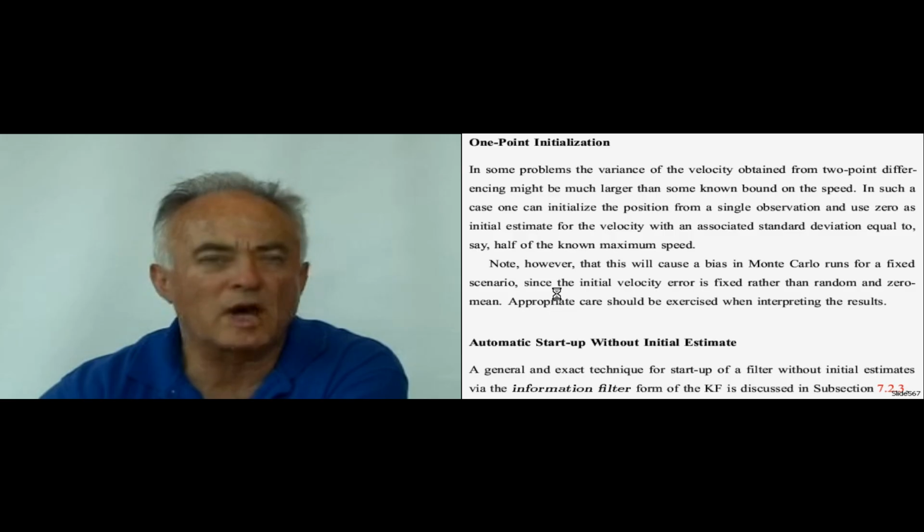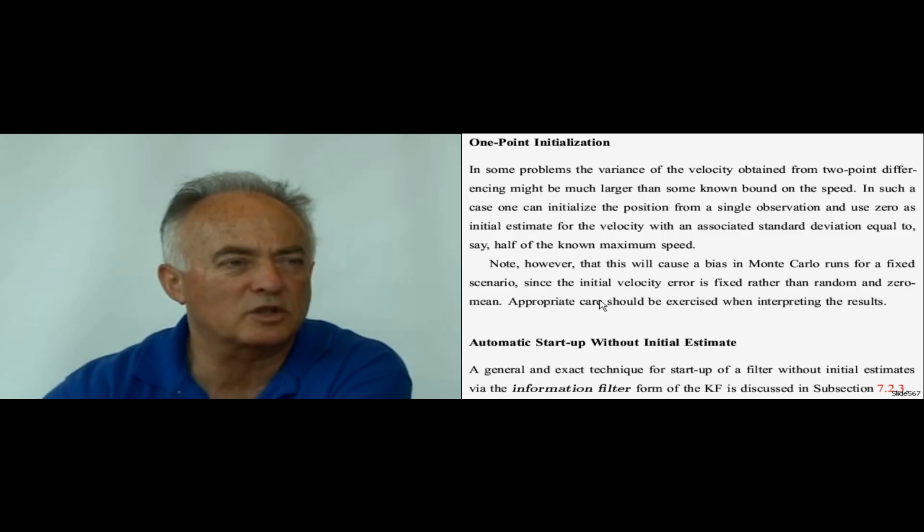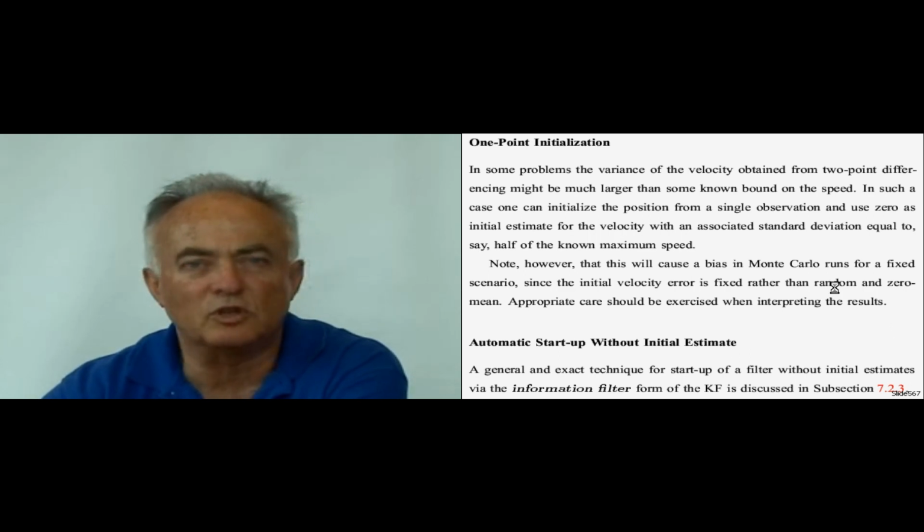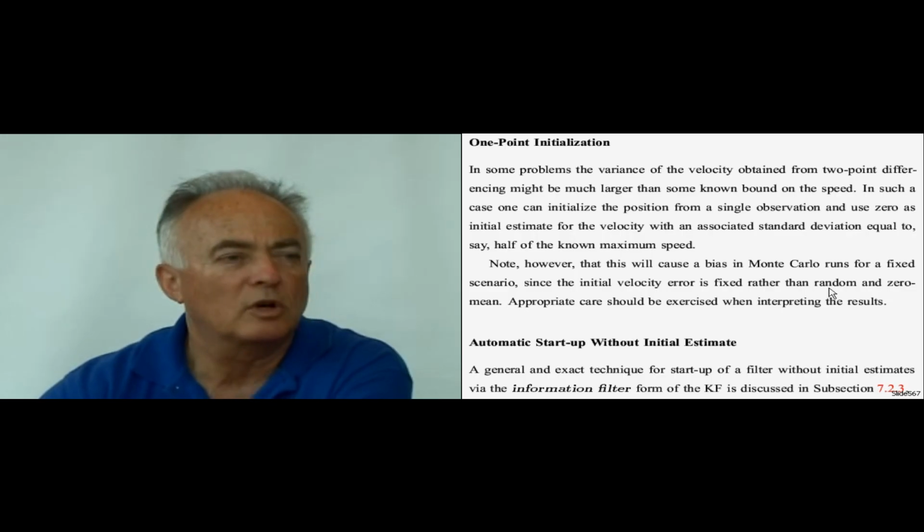So you'll have a bias. You should expect some bias in this case, because you don't have a new random variable generated for the initial estimate. So some care has to be exercised in this case when interpreting the results.